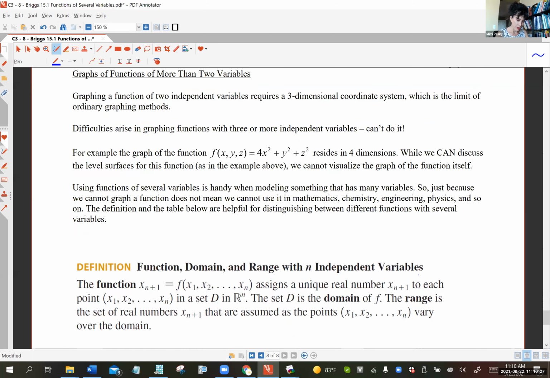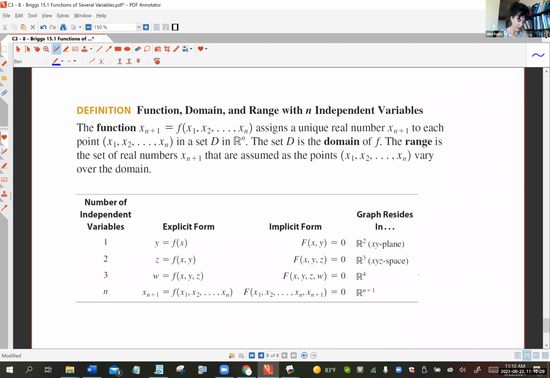All right. What I like about this summary table is it gives you the flavor for everything. So the notation that you would use for functions of lots of variables, here they have n variables, x1, x2, x3, all the way up to xn. And then the (n+1)th variable is what they use to call the whole thing. Like when you have a function f of x, what do you call it?